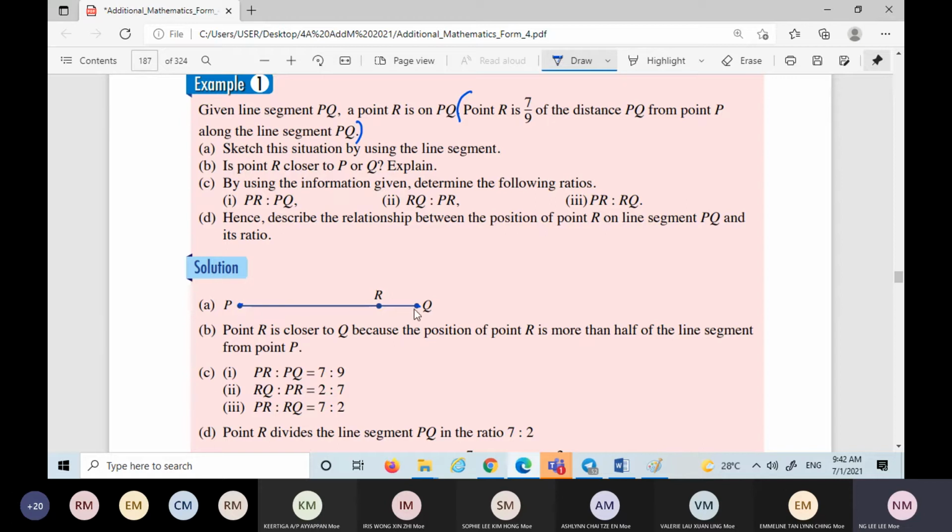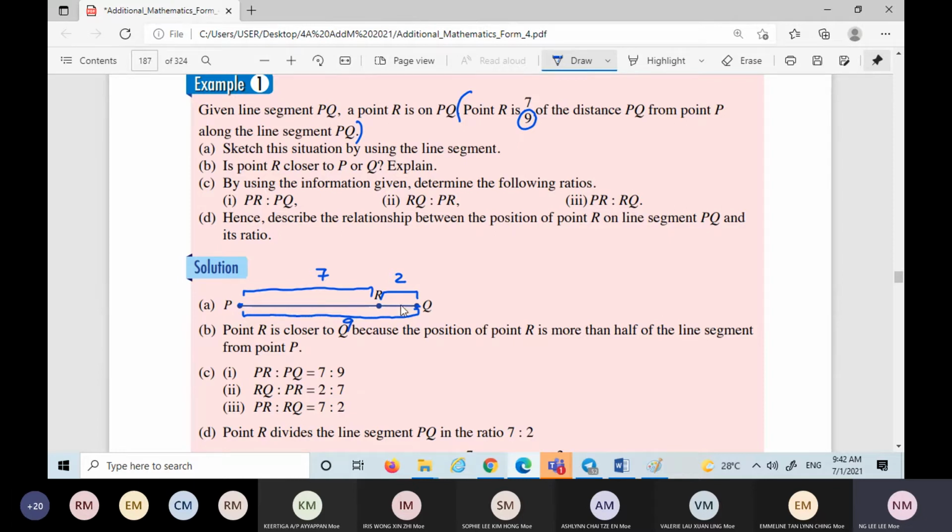It means this PQ, the whole thing, you cut into 9 portions equally, and R takes 7 portions from point P, not from point Q. So here is 7 portions, and here it will be 2 portions, because all together is 9 portions. This is the meaning.